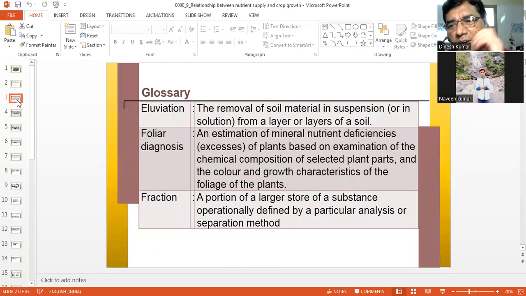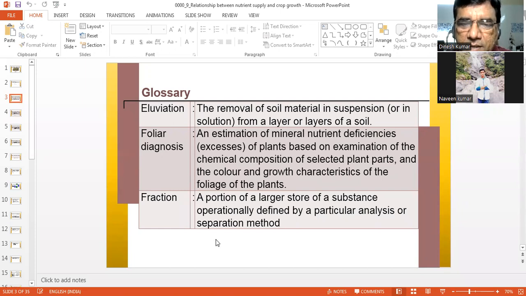Some difficult words or terminology related to it. Alluviation: the removal of soil material in suspension or in solution from a layer or layers of a soil. Foliar diagnosis: an estimation of mineral nutrient deficiencies or excesses, maybe toxicities, of a plant based on examination of the chemical composition of selected plant parts, means you are going to have plant analysis.